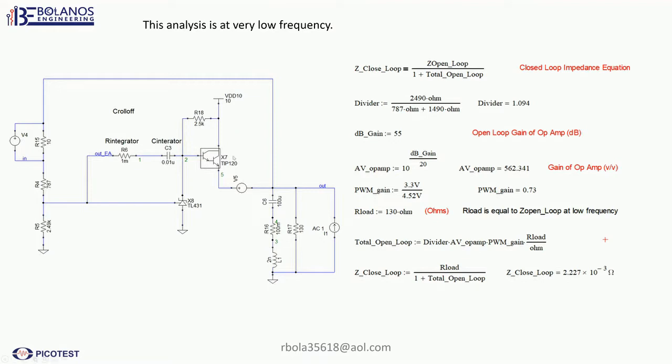Here is the TIP120, here's the resistor, here's my tantalum cap, and I'm feeding back my divider, which goes to the TL431. Here's my compensation. Okay, so basically here is the circuit that I will be simulating.